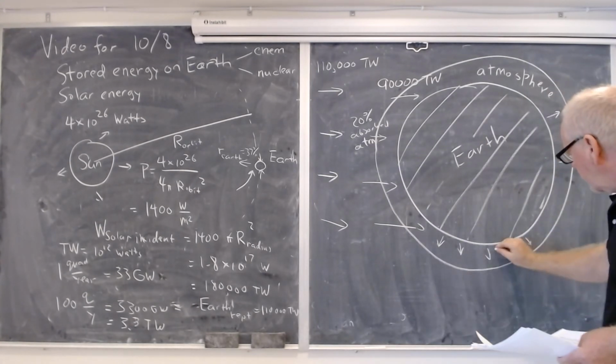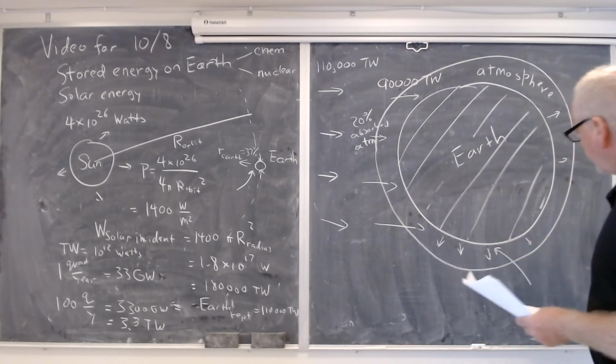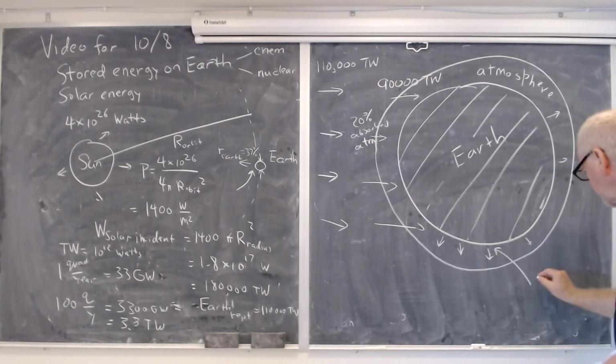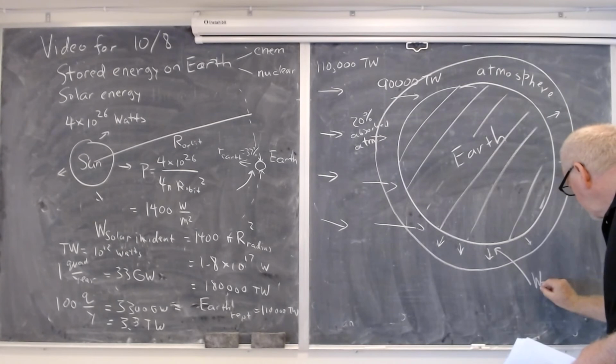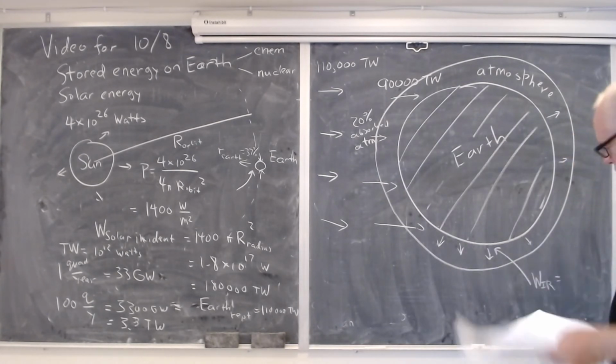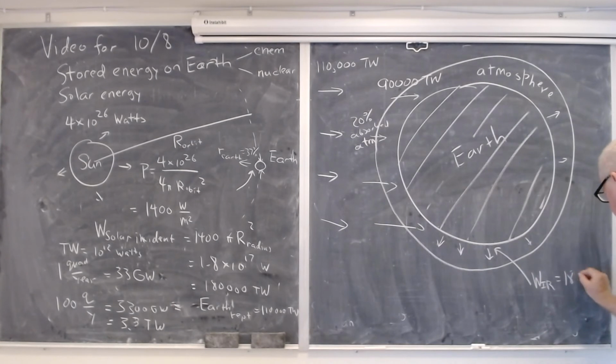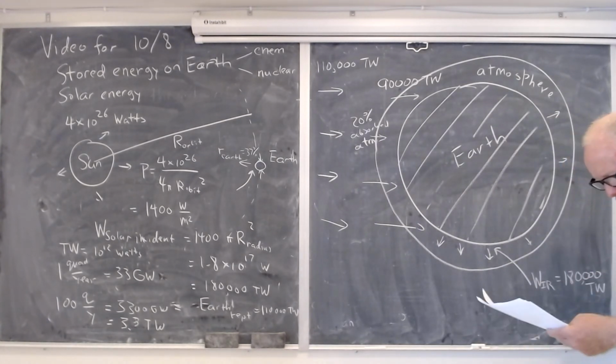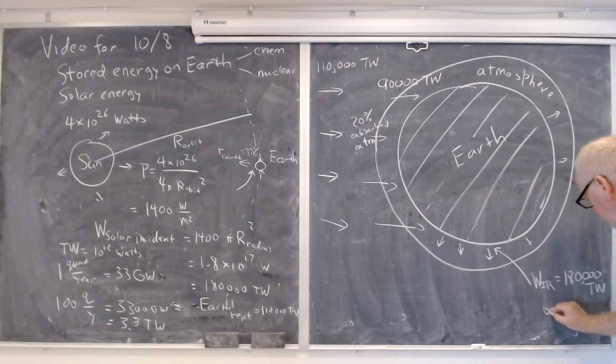And that amount of infrared radiation, all right, if you work out the numbers, is equal to 180,000 terawatts. And it is proportional to T to the fourth. Of course, T is in Kelvin here.